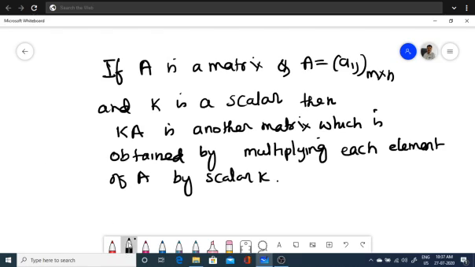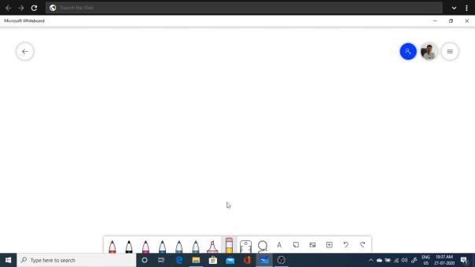So this is the concept related to the addition, subtraction, and multiplication of the matrices. So let's take one example on this. Suppose we take A is a matrix 2 4 and 3 2.